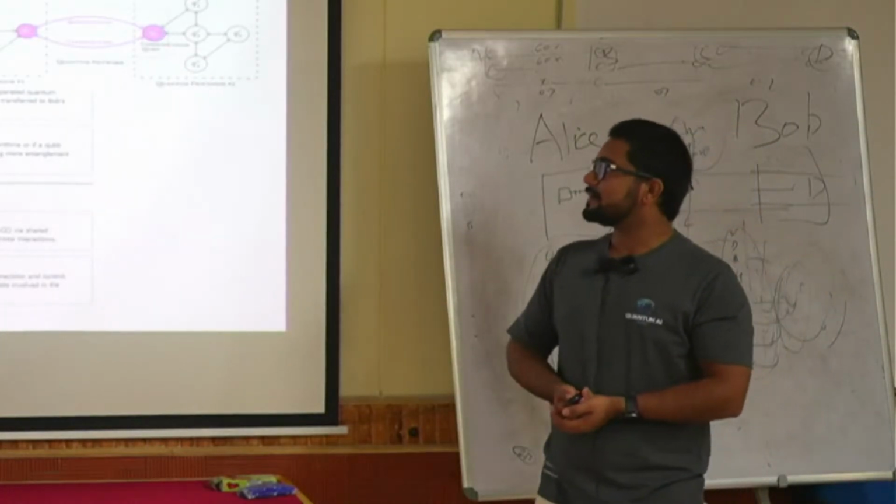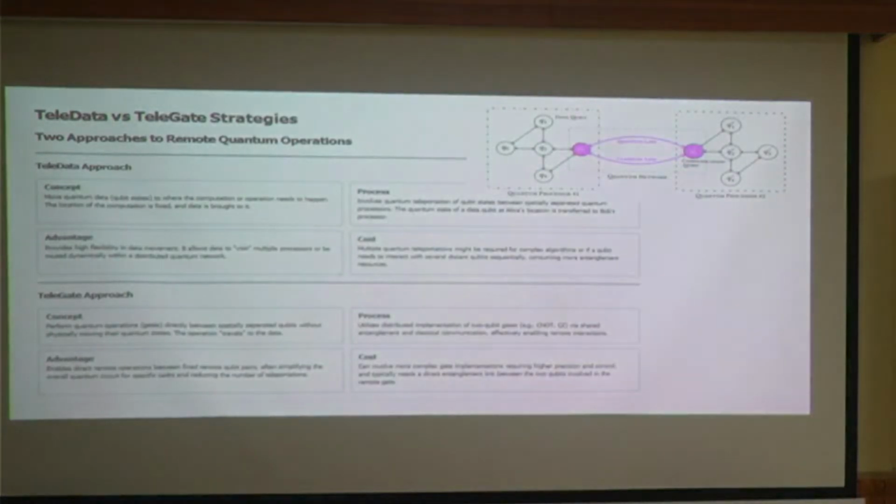Now we'll deep dive more into distributed quantum computing. These two terms, one is called teledata and the other telegate. These are the two important terms. If you go into detail in distributed quantum computing, you will see teledata and telegate.